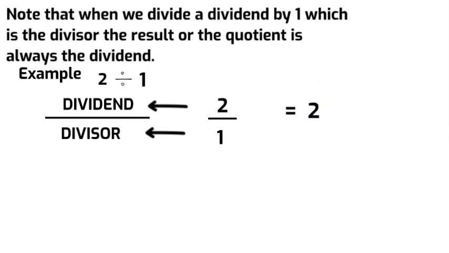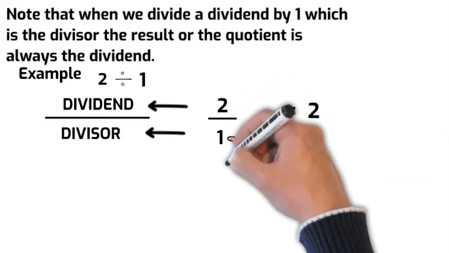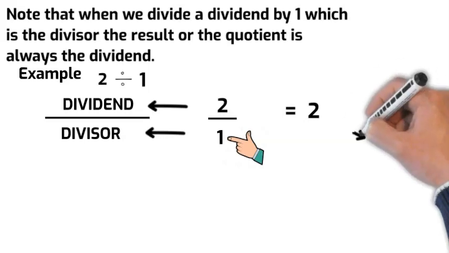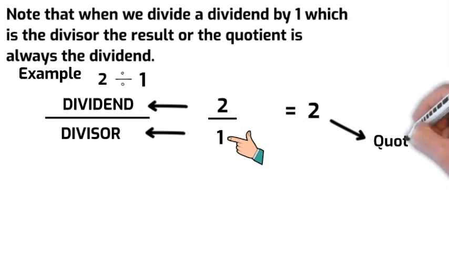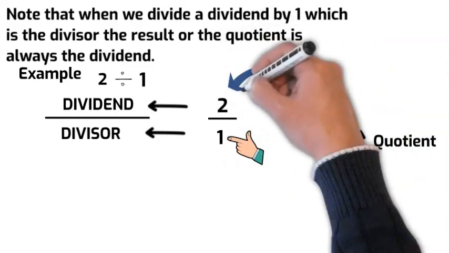When the divisor is 1, our quotient or result is the same as the dividend.